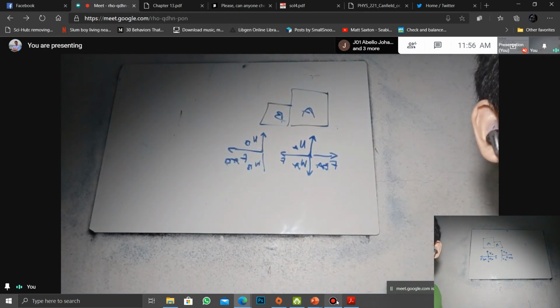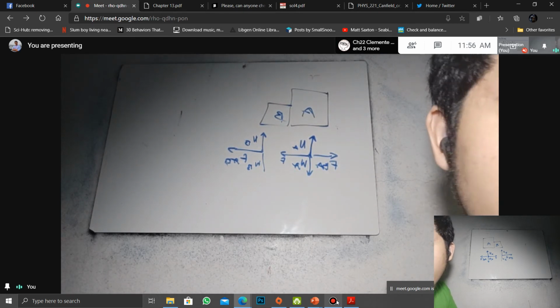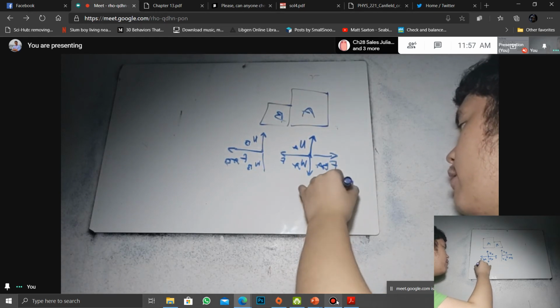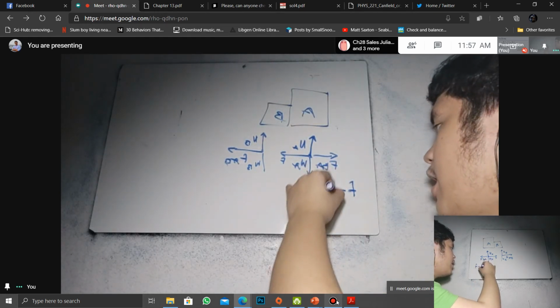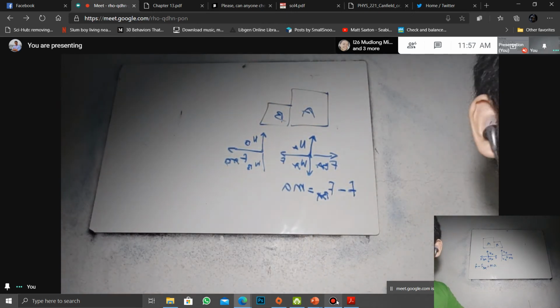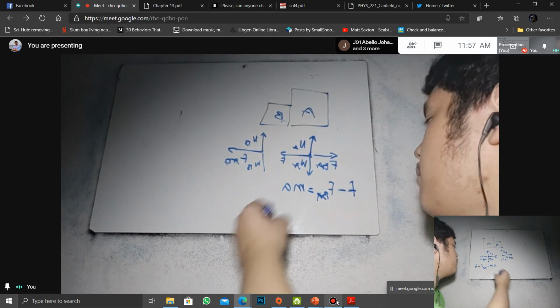Okay, now, there is no friction. So, let's just look at the x components of both, okay? For A, F minus FBA equals MAA.